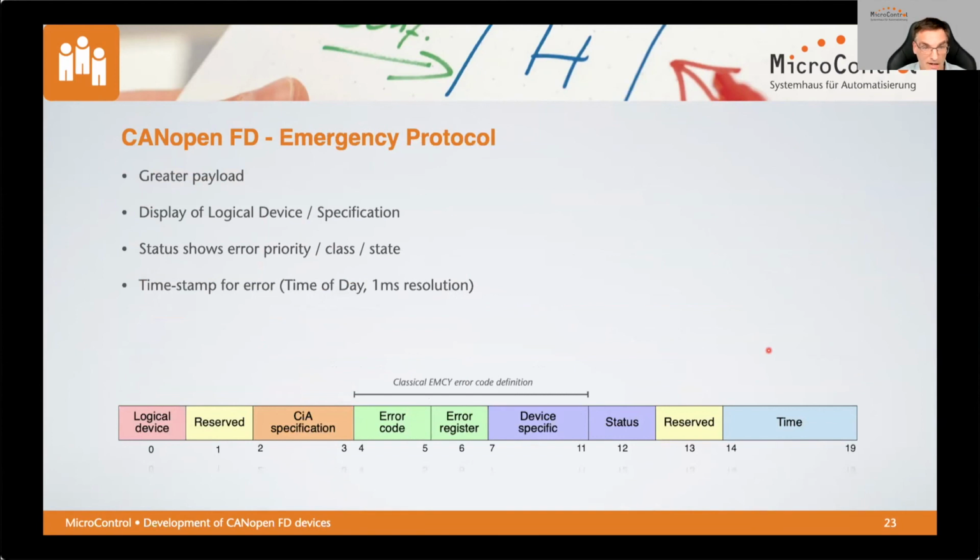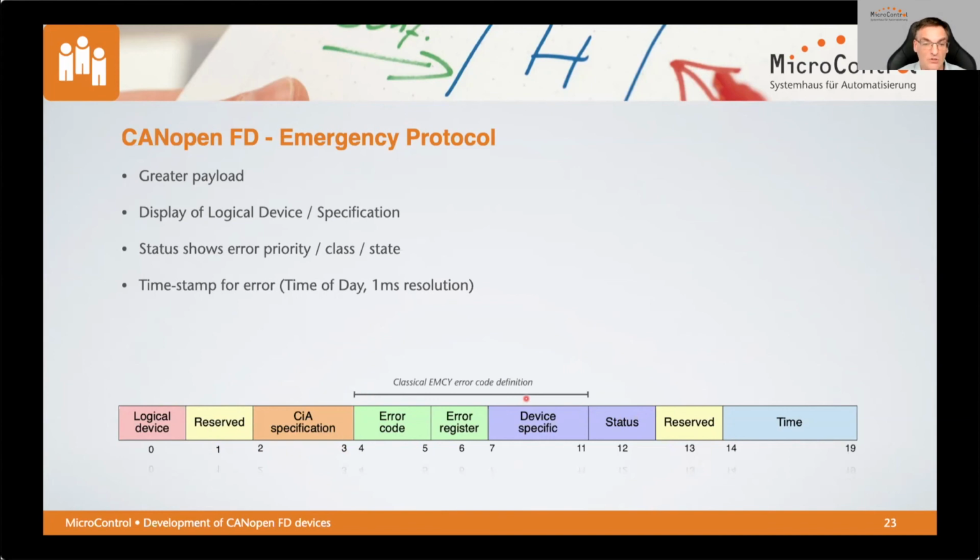Rainer has already shown you the emergency protocol, which offers a greater payload, which now allows you to display logical device and specification. At this point, I would like to point out why there are reserved fields here, and why some of the classical emergency error code definitions are at this place in the structure and not elsewhere.